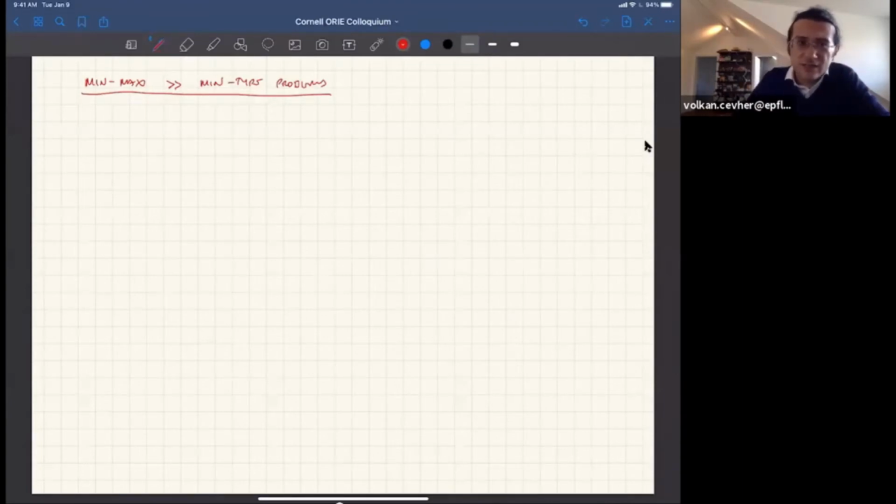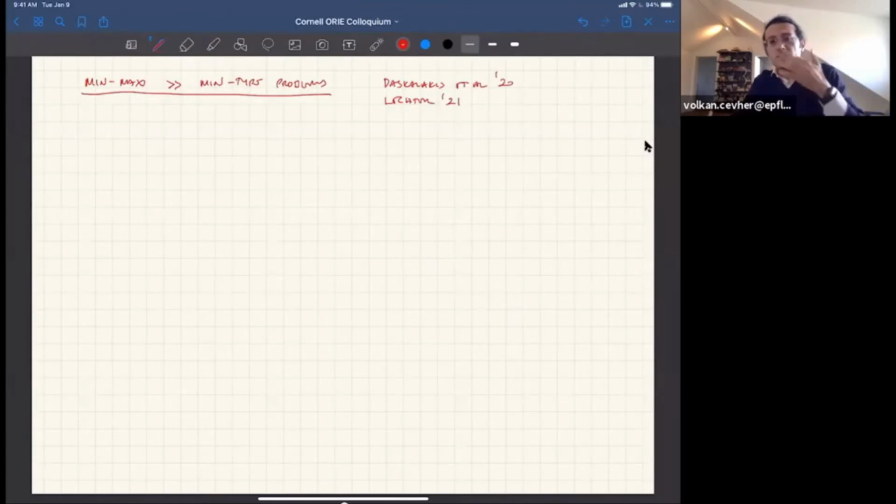Kostas Daskalakis had a paper in 2020, and Lechter had a paper, I think it was published in 21, but the preprint was in 2020. There are ways to argue that finding, for example, stationary points is PPAD complete.